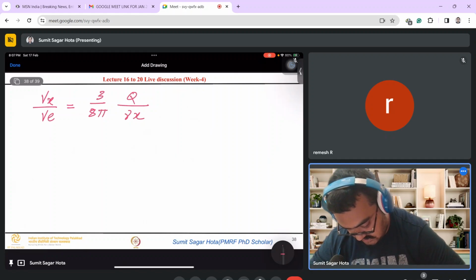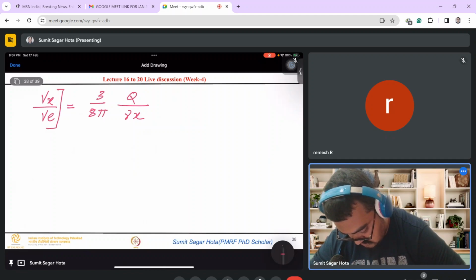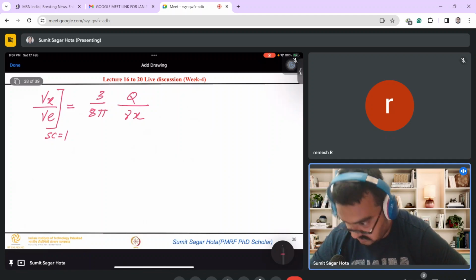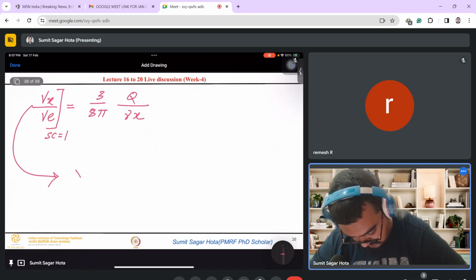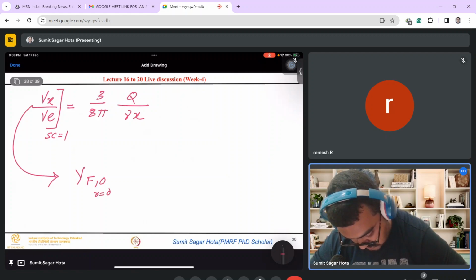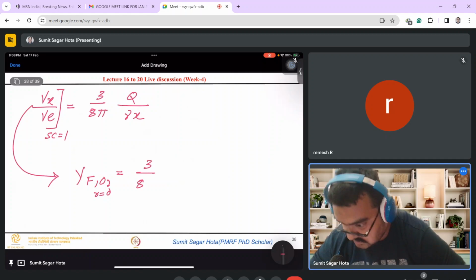And this is for Schmidt number equal to 1. So finally we get this, and this is your Y_F0 at r equal to 0, equal to 3 by, I think I made something wrong.